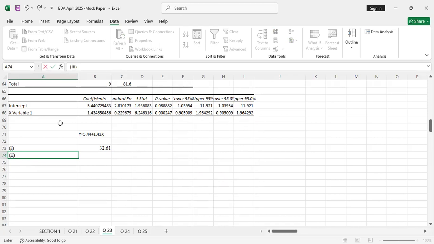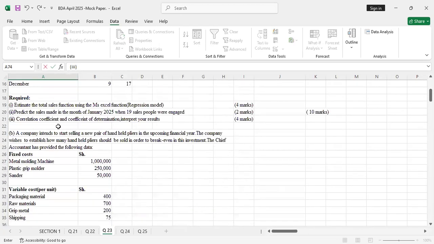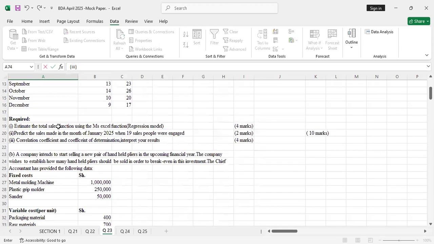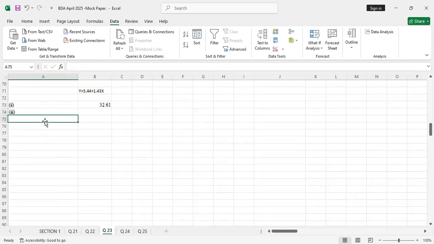So I'll go now to Roman 3. What are they saying? They've said that Roman 3 requires the correlation coefficient and coefficient of determination. Then you interpret your result. So it's upon you to identify the correlation coefficient first. Correlation coefficient.